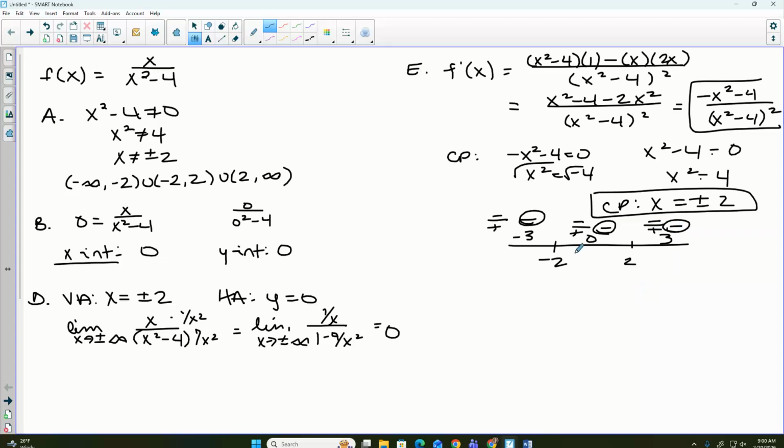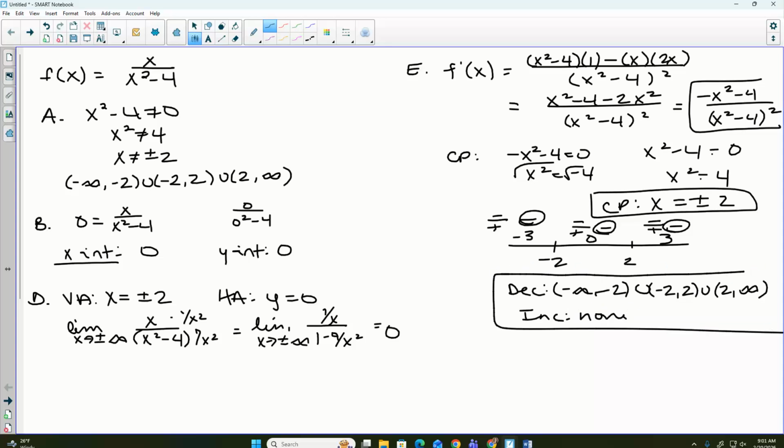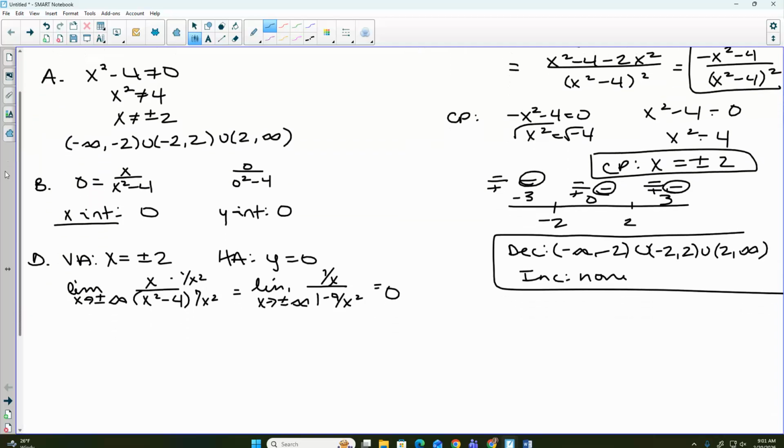So, can I just say it's decreasing from negative infinity to infinity? No, because we have asymptotes. So it's decreasing negative infinity to negative 2, union negative 2 to 2, union 2 to infinity. Never increasing. All right, so far so good.